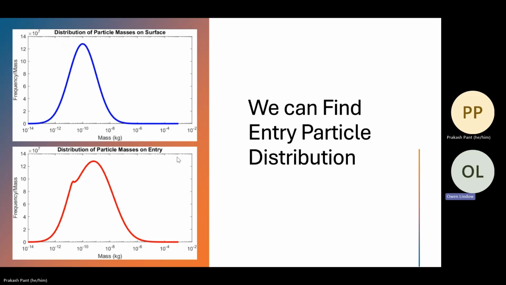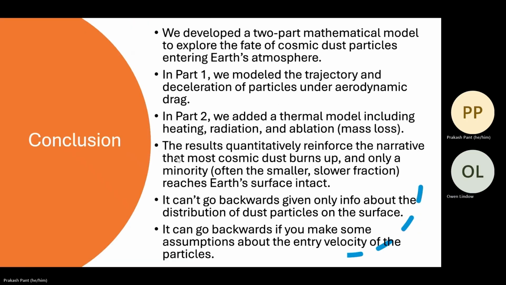What this does is use the second plot from the previous slide to trace back the masses from the upper distribution. On the left side, the two plots are identical until you get to this little notch. That's the point when the masses would have started to ablate, and then it starts to shift the distribution to the right. That's about what you expect.